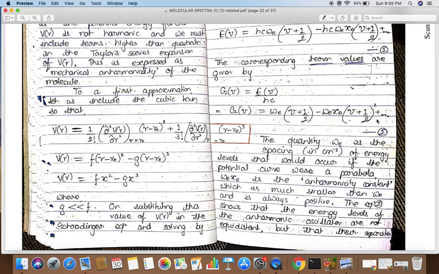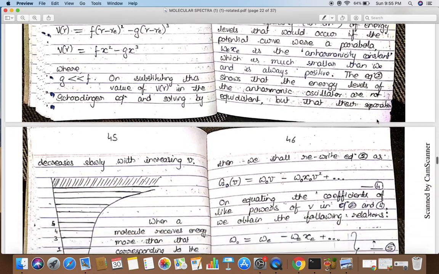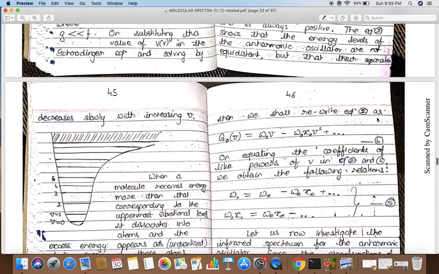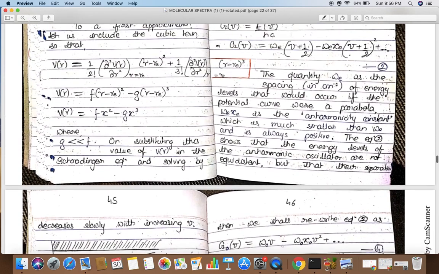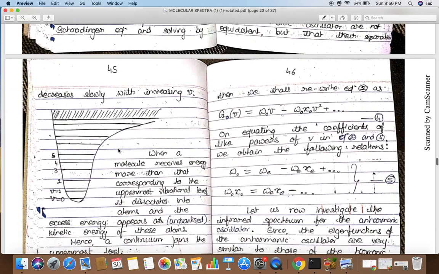So if it is non-linear, it means that the spectral bands are not equally separated, and the spacing slowly decreases. Because the anharmonicity term is a positive quantity that enters with a negative sign, as nu increases this quantity decreases rapidly. So now it is not a perfect parabola.